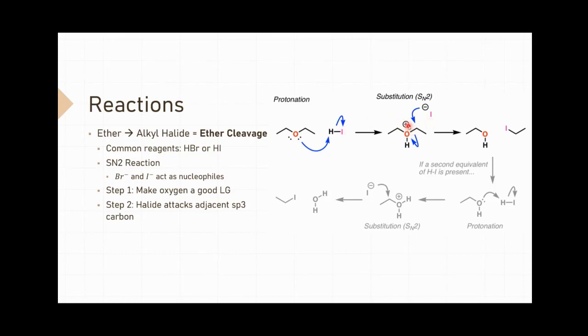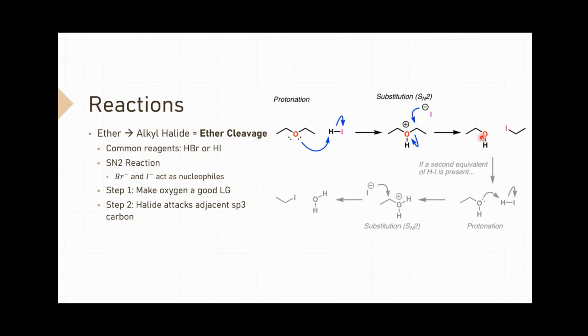And because this is positively charged, it wants to become neutral. So it's going to be a good leaving group for this reaction. So this I is going to attach to the adjacent carbon, and this portion of the ether will leave. And so you'll end up with two molecules.